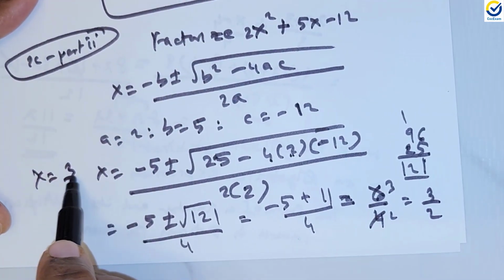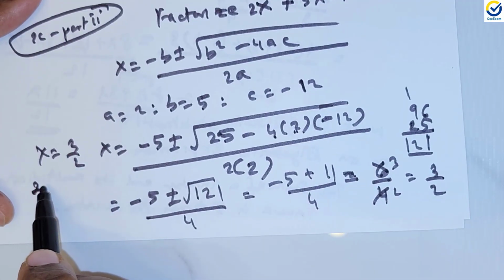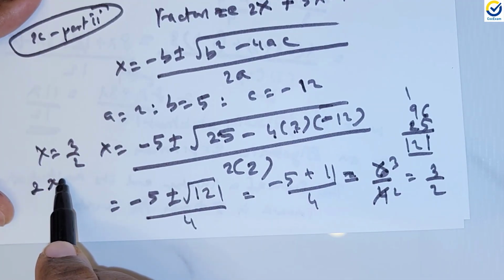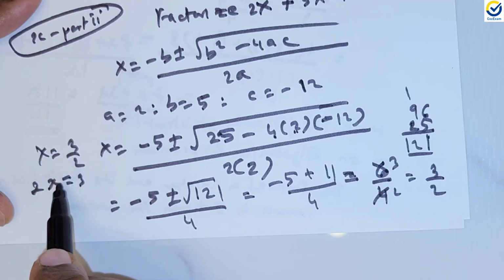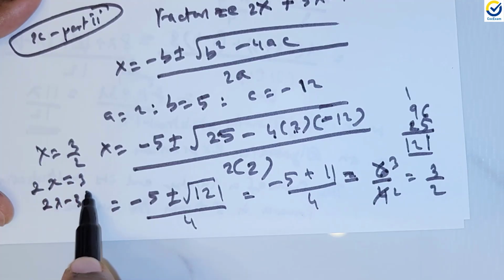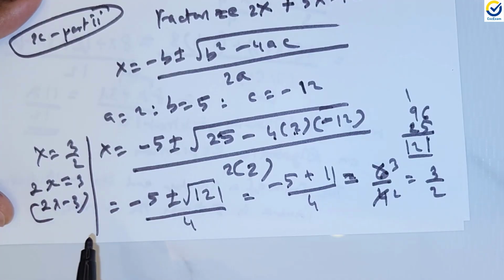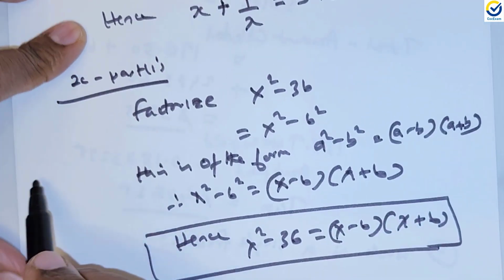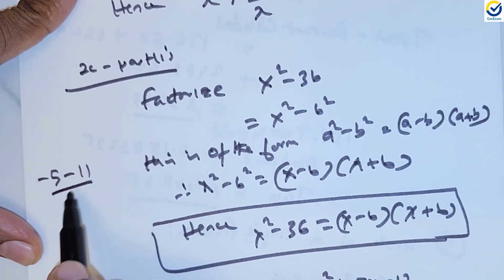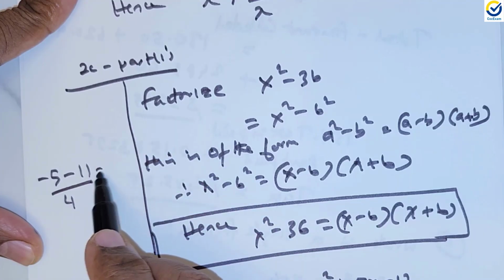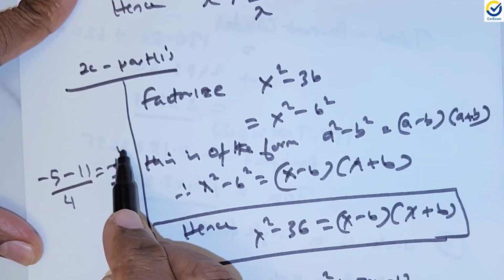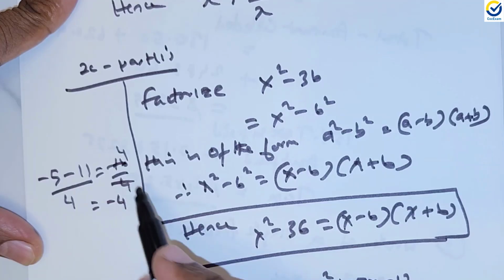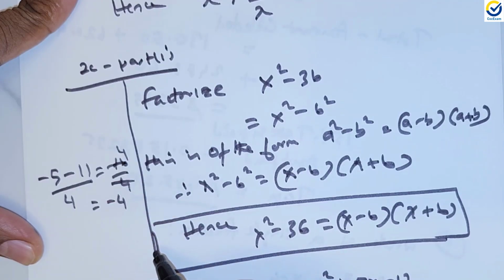So x is equal to 3 over 2 is a root. To get the factor, you multiply it in this fashion: 2x = 3, so 2x - 3 is one factor. But you need to get the other factor, which is -5 - 11 divided by 4, which is -16 over 4. 4 divides here 4 times, this is going to be -4. So x is equal to -4, so x + 4 is a factor.